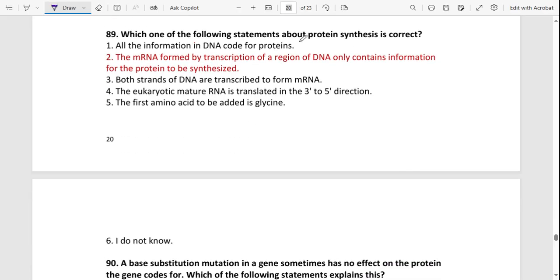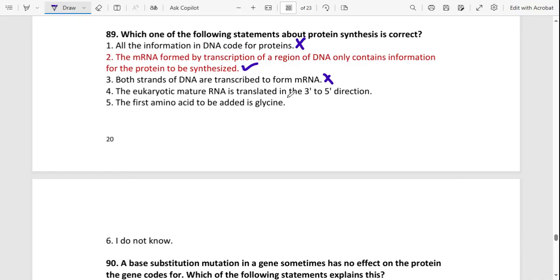Which one of the following statements about protein synthesis is correct? All the information in DNA codes for proteins. Again, this is not correct. The mRNA formed by transcription of a region of DNA only contains information for the protein to be synthesized. Both strands of DNA are transcribed. This is not true.